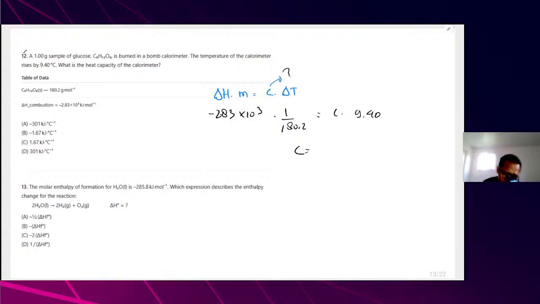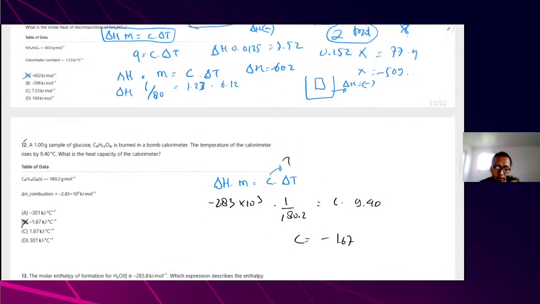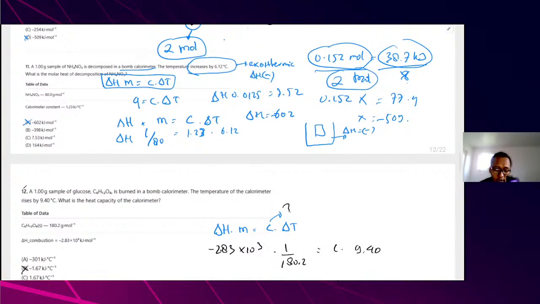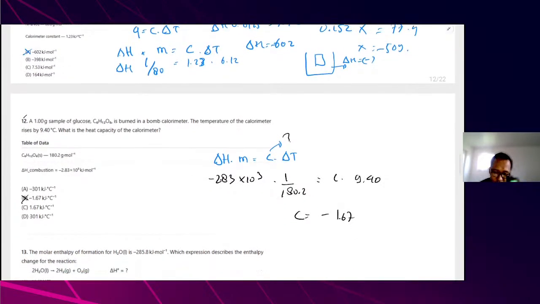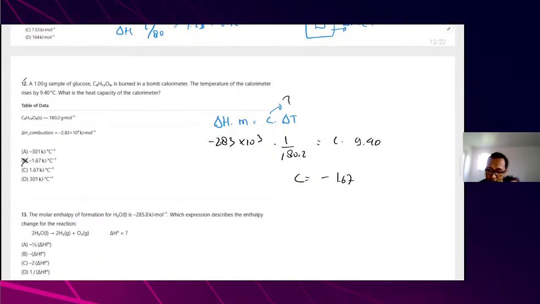It should be minus 1.67. Okay, it should be B. The answer should be B for number 12. For number 11, A, that's correct. And then for number 12, it's C.